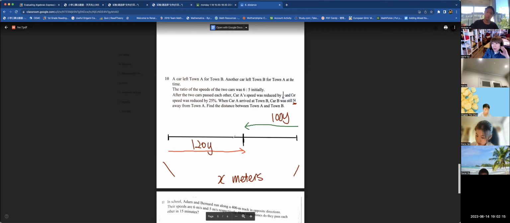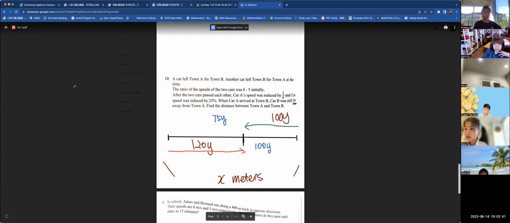Okay, so why I'm using this, Victoria, is because I know 100 and 120 is not the right data, but I know to some ratio they're right. But I can put a y here. Understand, everybody? Okay, so after they meet, the speed will be 100y and 75y. Correct, everybody?